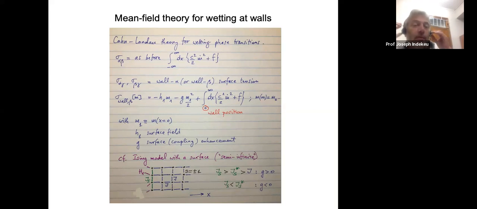So that has coefficient h1, which is called the surface field. It is a logical term because field means you're breaking the plus-minus symmetry somehow. So if we take a positive surface field, you see that the contribution to the surface free energy will be negative if we have a positive M1.